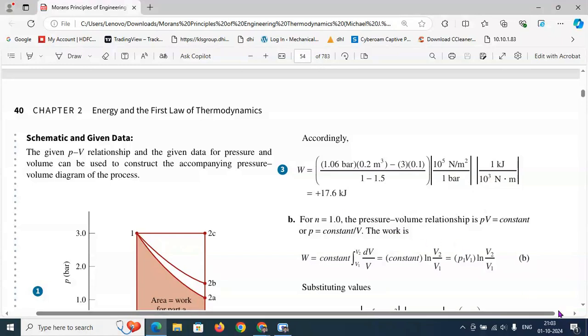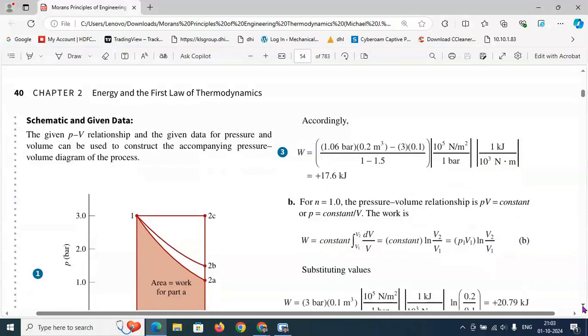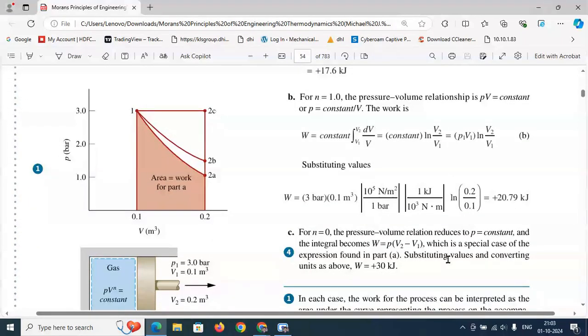Next, same procedure for n equals 1. See, as I told, substituting that P2 V2 minus P1 V1 divided by 1 minus n, they are getting 20.79 kilojoules. Next is for 0. Now what they have done, as n is 0, for n equals 0, PV equals constant. P1 V1 equals P2 V2. If you take the difference, it is 0.